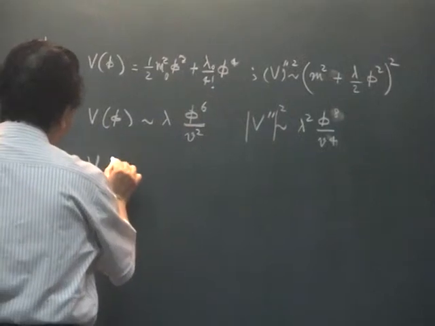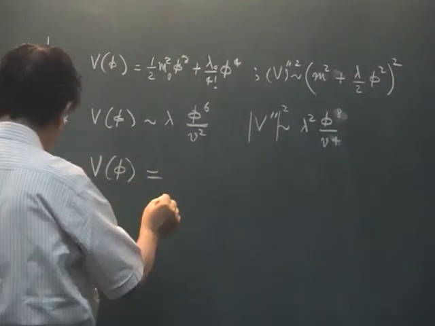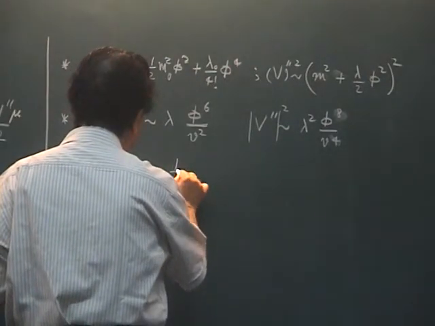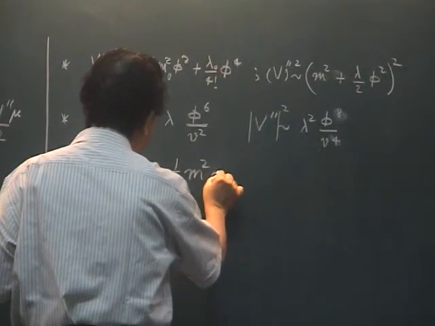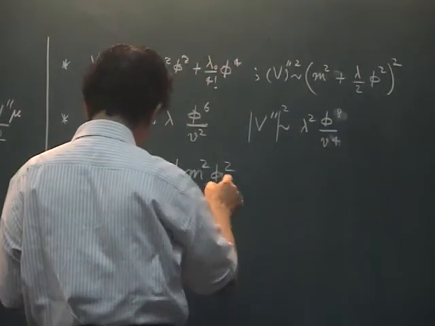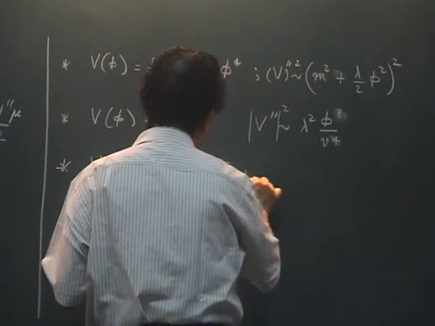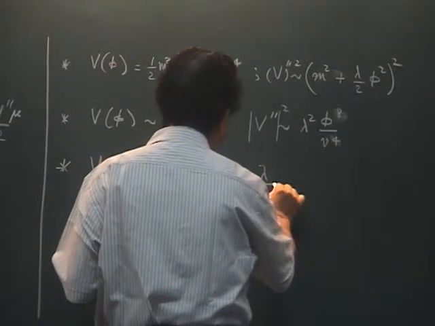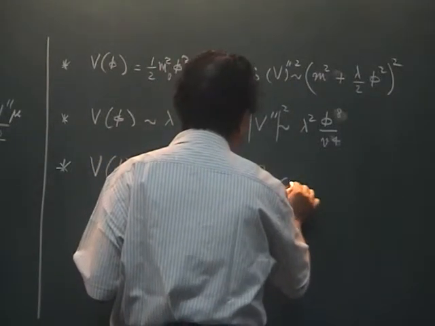The total V will turn out to be half m square phi square. Originally you start with the m naught and lambda naught. Now it becomes m with no subscript. m square phi square plus lambda. Okay, I had not used 4 factorial, but I used 4 in this note.